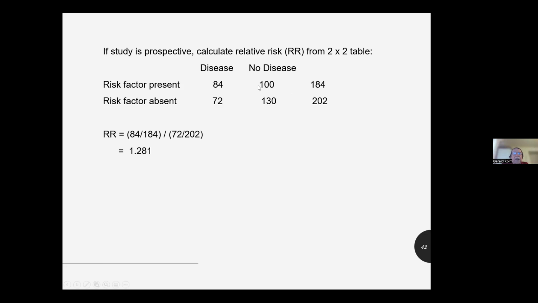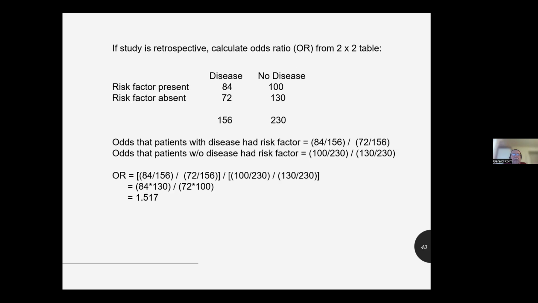Those are the cell counts divided by the row marginals. In this case, we get a relative risk of 1.3. That means those that have the risk factor present are 1.3 times more likely to have the disease than not. And if we do a retrospective study, then we calculate an odds ratio.